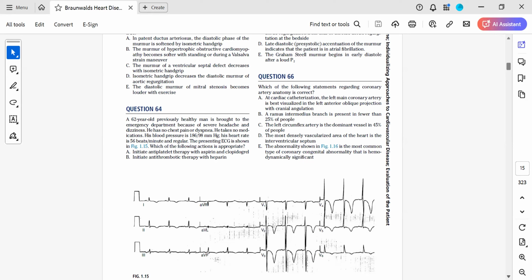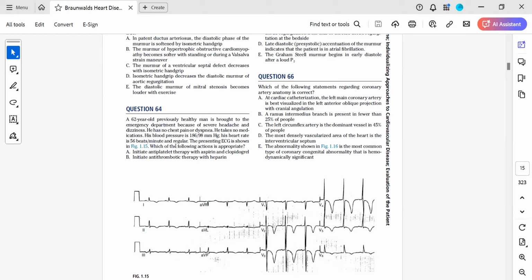Okay. So A, initiate antiplatelet therapy. I think this patient most likely has intracerebral hemorrhage, or things that increase intracranial pressure, which are likely to cause cerebral T waves.